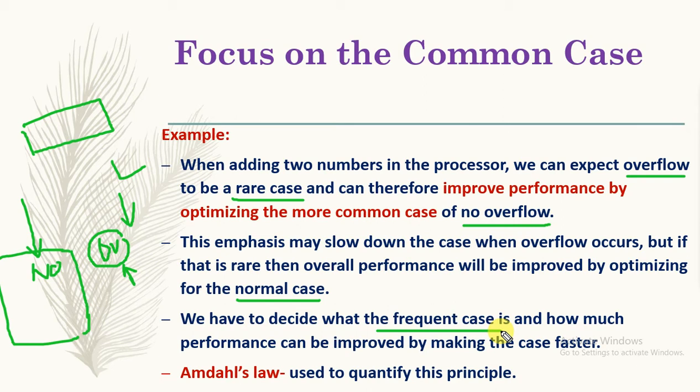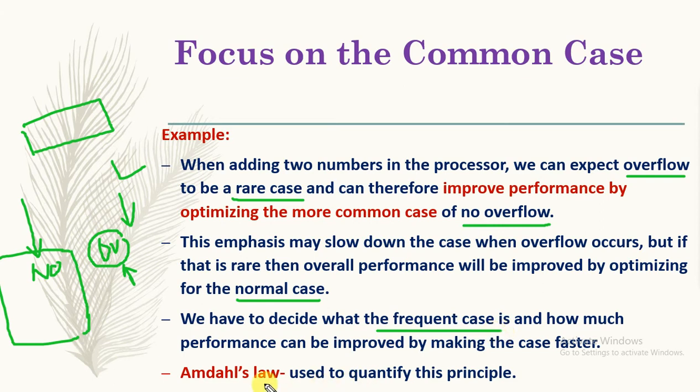So they need to find out which is the frequent case and which is the infrequent case. Avoid the infrequent case and focus more on adding enhancement to the frequent case, so that we can have a better effect of performance improvement on the entire system when we are working on the newly developed system.